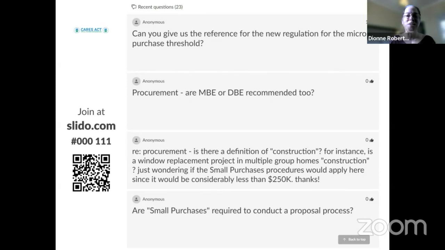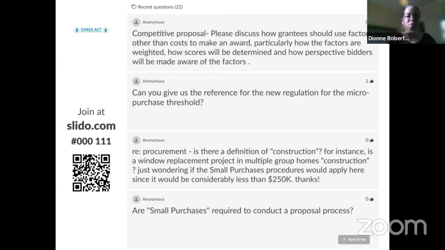But those should be written into your procedure documents, as well as any competitive solicitations that you issue, in terms of how you're going to consider those and what specifically that means in any given procurement situation. So they certainly exist and are recognized, but there's no specific requirement to include bonus points or anything of that nature. But you do want to read the updates to the Section 3 requirements.